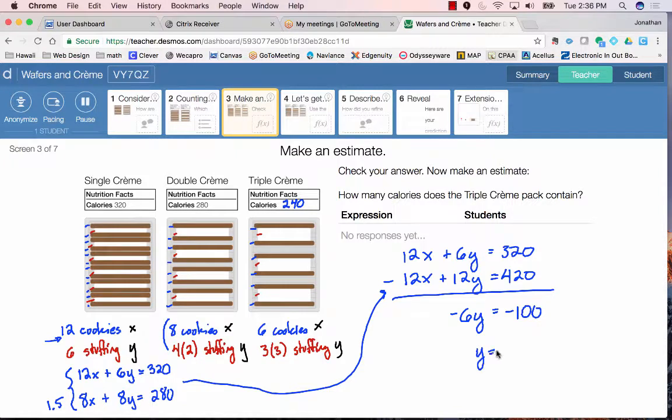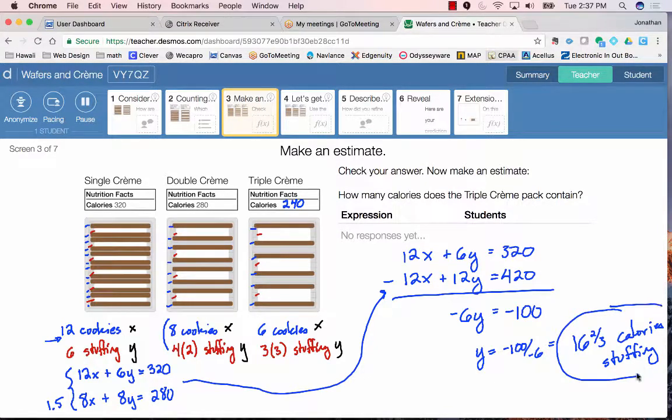And so y equals negative 100 divided by negative 6, which is, I'll use a calculator, 100 divided by 6, 16 and 2/3 calories per stuffing, and that's my y value. But there you go, we just figured out y, and then we can use that to help figure out other stuff.